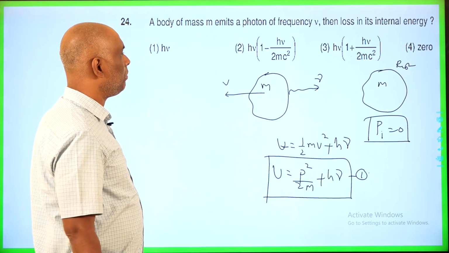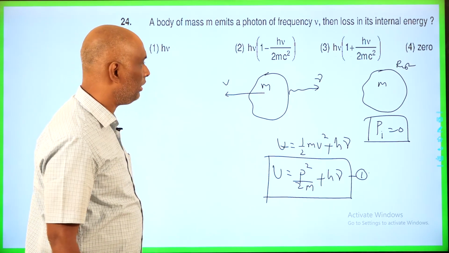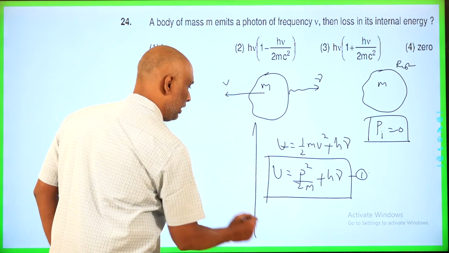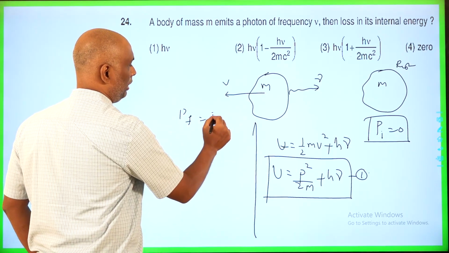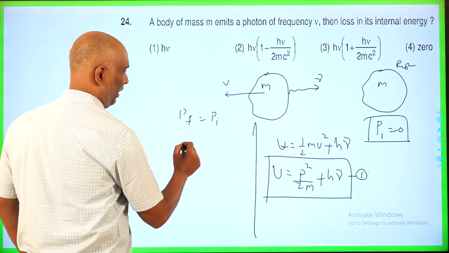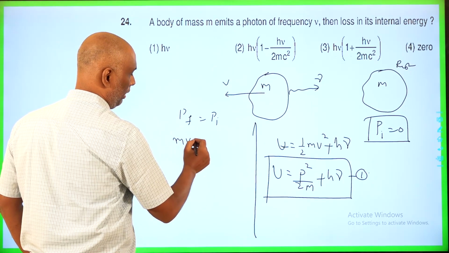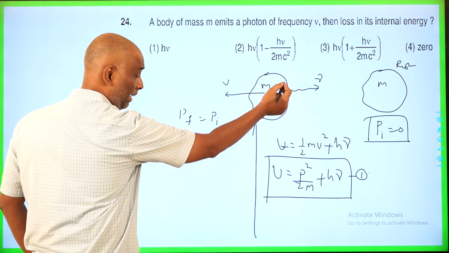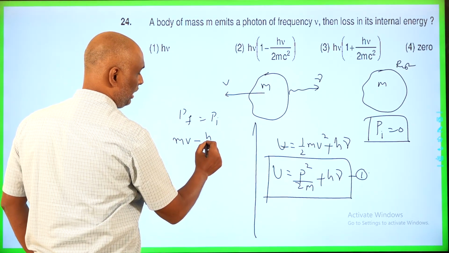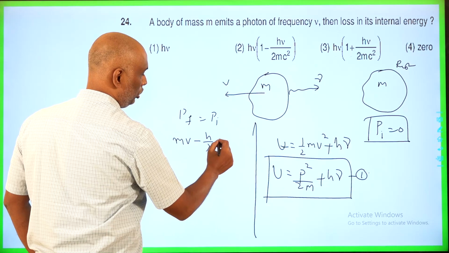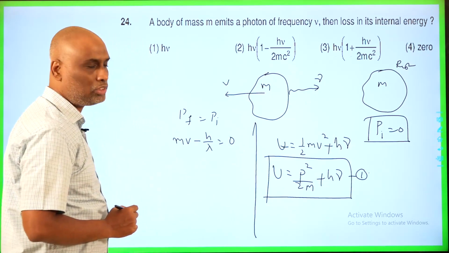Now, because the initial momentum should become equal to the final momentum, the final momentum will become mv, and then the momentum of the photon, it is moving in the opposite direction, minus h divided by lambda, should become equal to the initial momentum, which is 0.